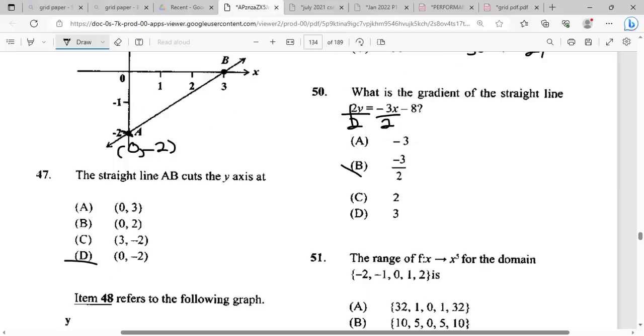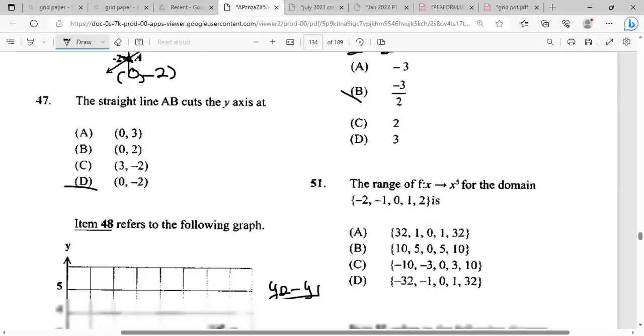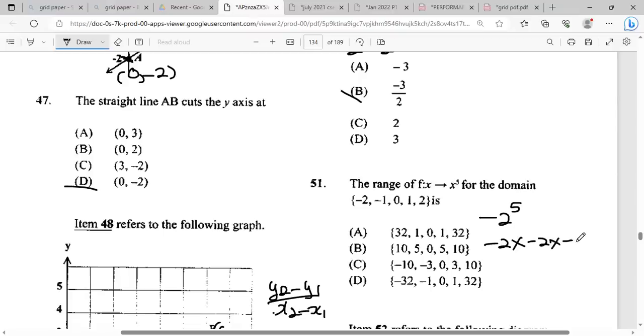The range of f of x equals x to the 5th for the domain is, so first, once we get the first one, we're good. So it's -2 raised to the 5th power. Let me just work this out, because these are the key. Once I get the first number, you're good. Negative times negative gives you +4. +4 times -2 gives you -8.